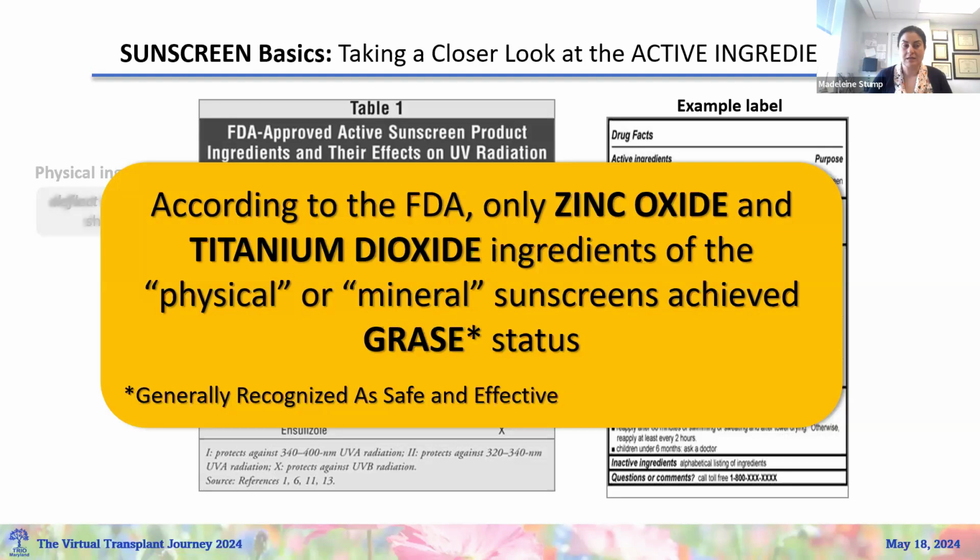For the other ones, the report is not concluded yet. Further investigations are pending. The FDA has not said that they are not to be used. It allows the use of those compounds in sunscreens, but only for your information, these mineral-based ones are considered safe and effective. They also lead to less irritation of the skin and are usually best tolerated.